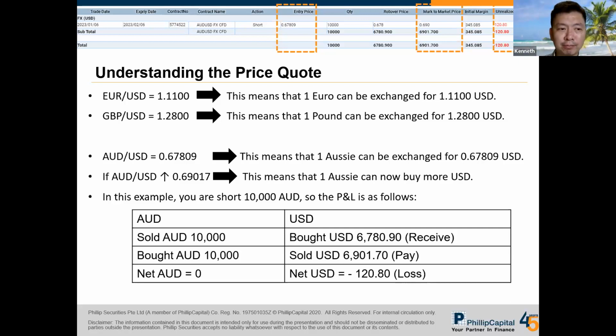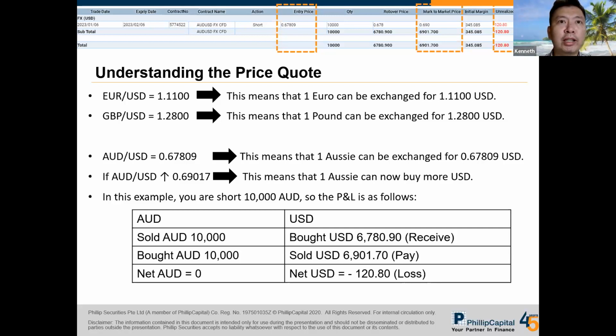For the Aussie, AUD USD, if it's quoted at 0.67809, this means that 1 Aussie can be exchanged for 0.67809 US dollars. And if the AUD USD rate goes up, this means that 1 Aussie can now buy more US dollars. Instead of buying 0.67809 US dollars, you can now buy 0.69017 US dollars.